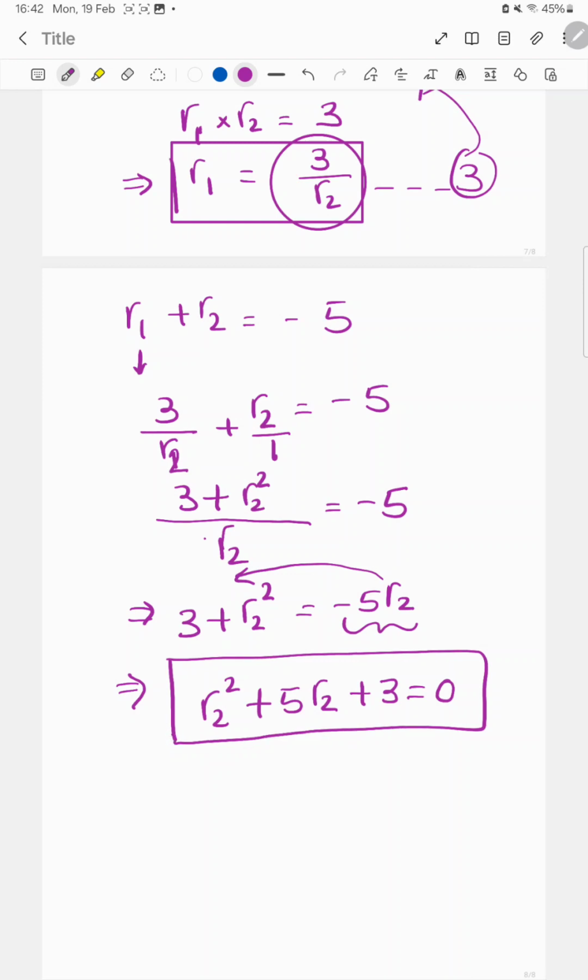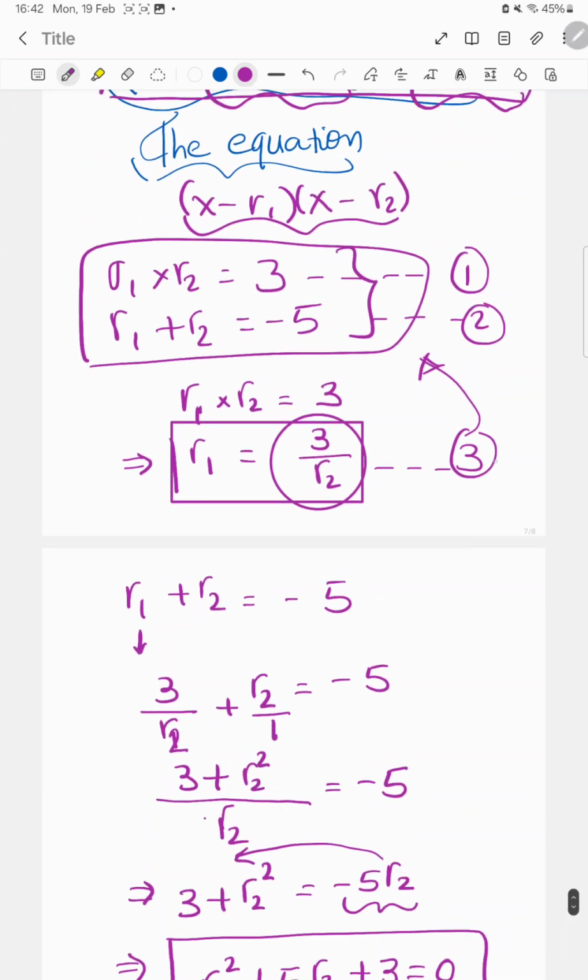Now, what is this? The question is, am I going to solve a quadratic equation again? That's one fact. All right, no, we are not going to do that. But let's see, by replacing equation 3 into equation 1, what are we going to get from that?